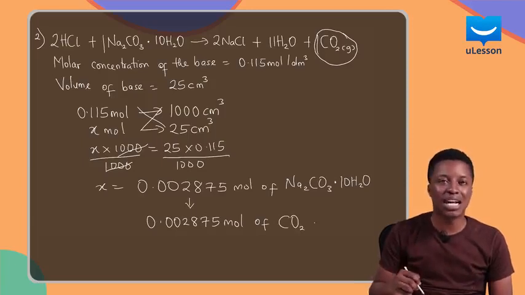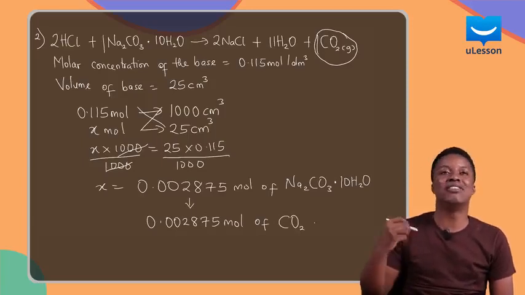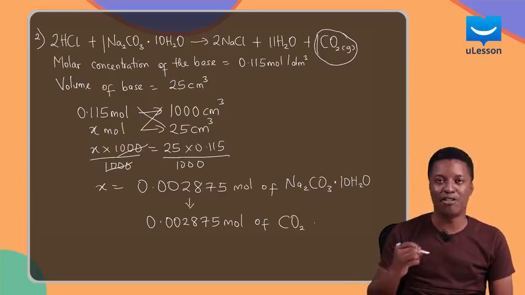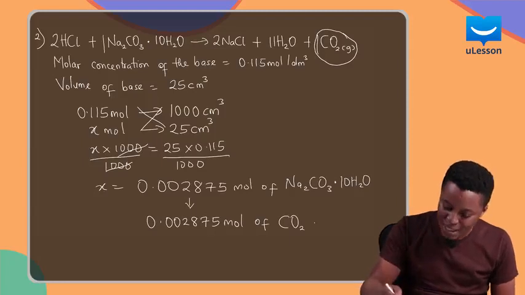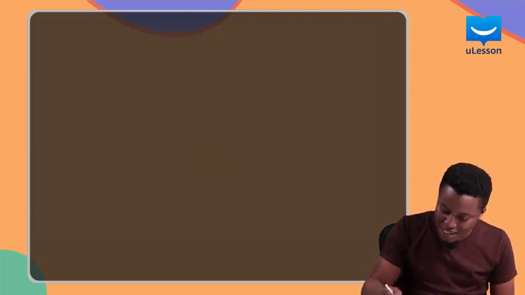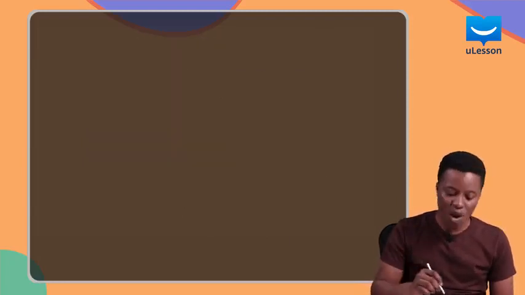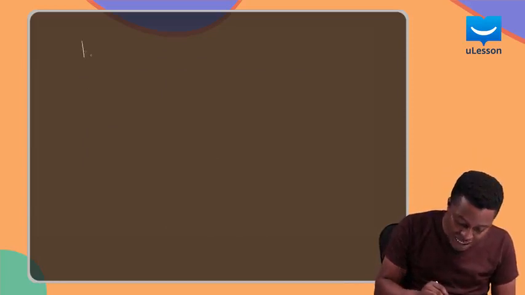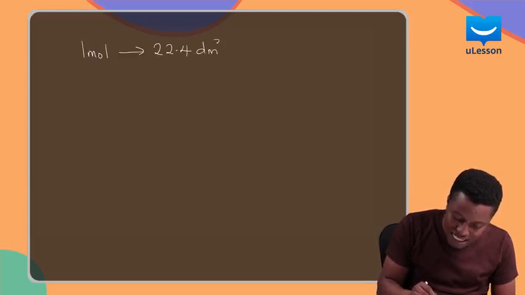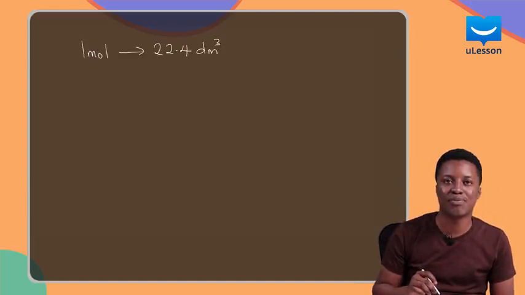It is with this value that we will now find the volume of the gas evolved at standard temperature and pressure. Stay with me. So, to do that, we'll have to remember that 1 mole of every gas occupies a volume of 22.4 dm cubed at standard temperature and pressure.